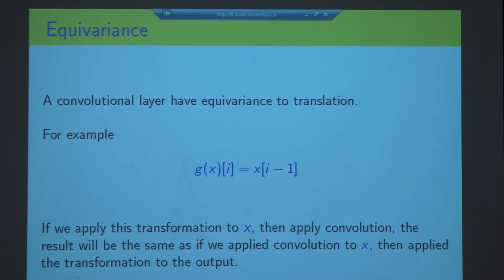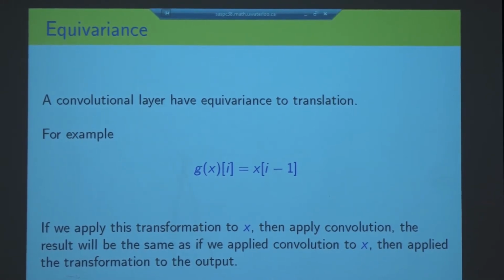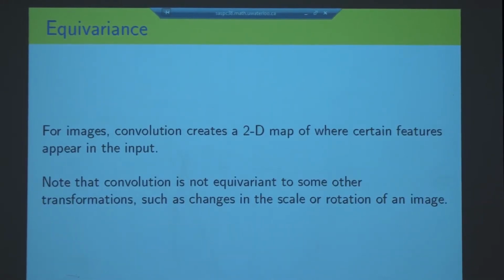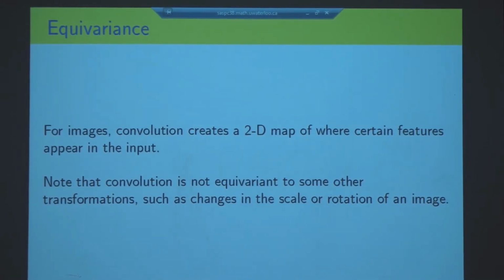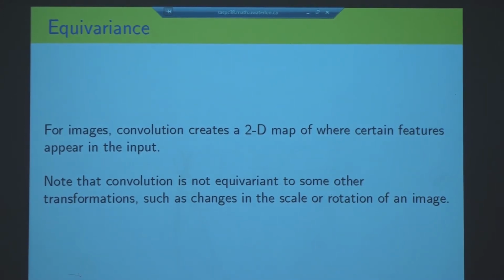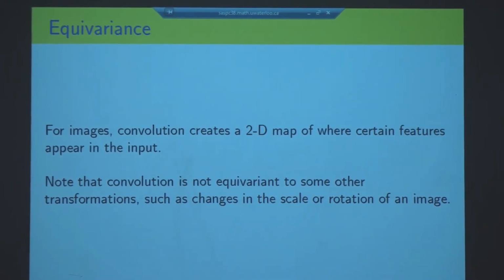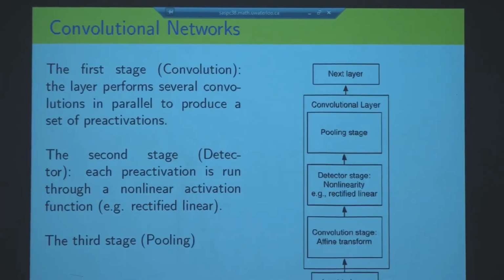So by convolution, we can capture this type of feature, but we can't capture all type of features. So that was the reason that we can create a two-dimensional map of certain feature. Two-dimensional map of edges, for example. We can find the edge of the whole picture.